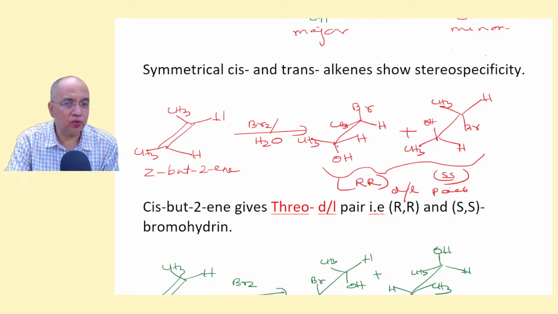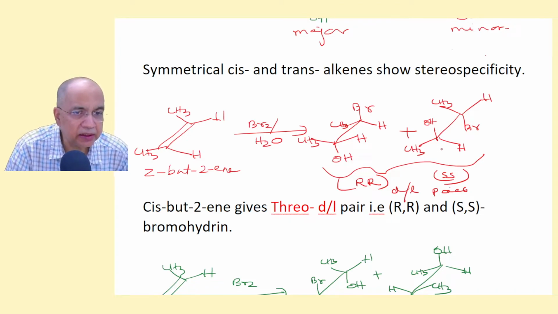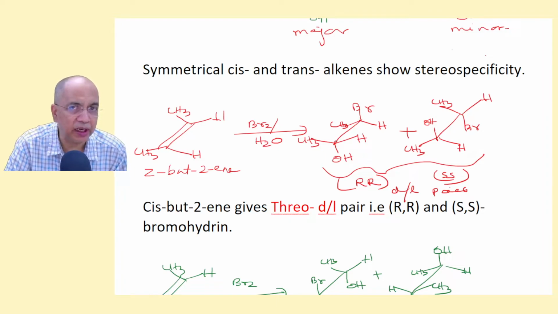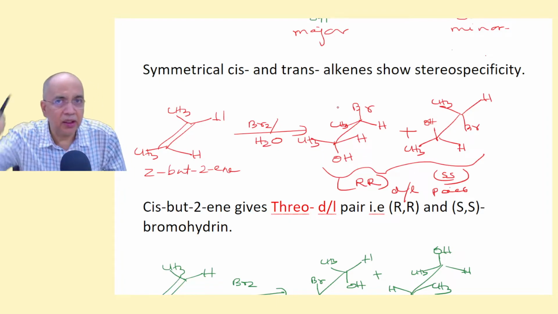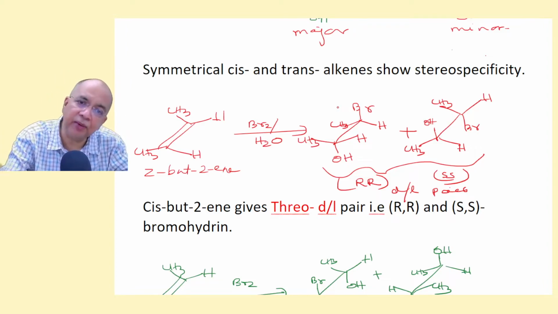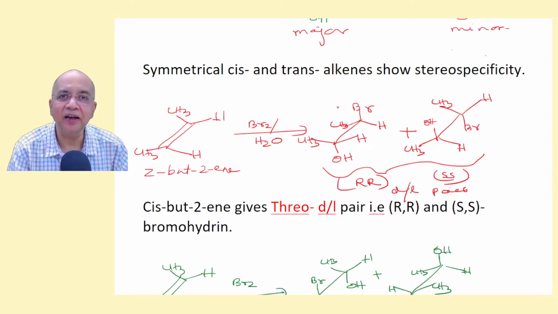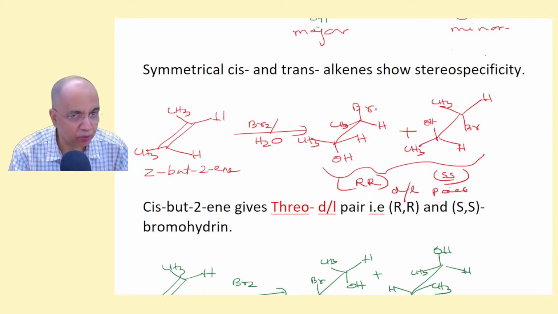There are two, you might think that if I attach OH on this side and bromine on the other side, you will get the same pair. You can try. I have joined bromine here, OH here. Bromine also here, but from the back side, and OH on the front side. These two are mirror images.